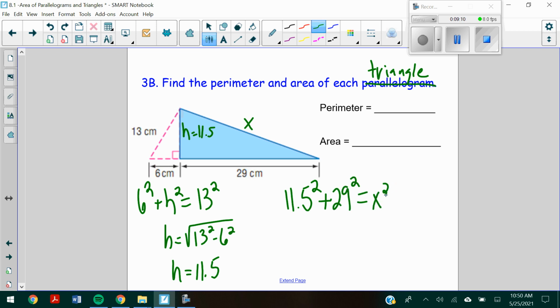Some may want to use the square root of whatever the 13 squared minus 6 squared was. That's okay. It's going to get you back to 133 under your radical. So then that'll turn into 133, whereas 11.5 squared is going to give you 132.25. So we're just a difference of like 0.75 there.